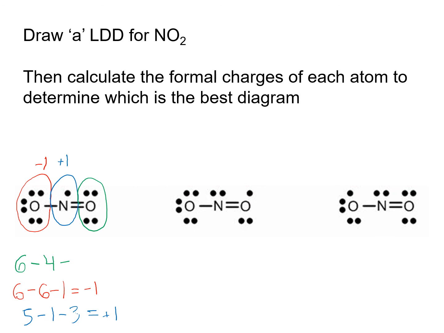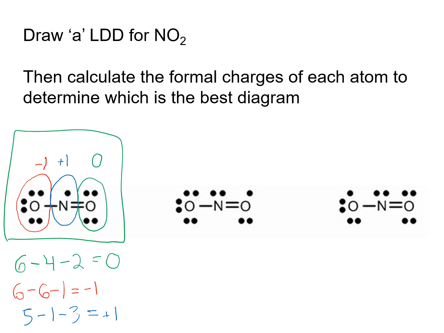There are 2 bonds, that's 4 electrons, so we subtract 2, and that equals 0. So for this Lewis structure, it has the formal charges of -1, +1, and 0. They're not terrible, but the closer to 0, the better.